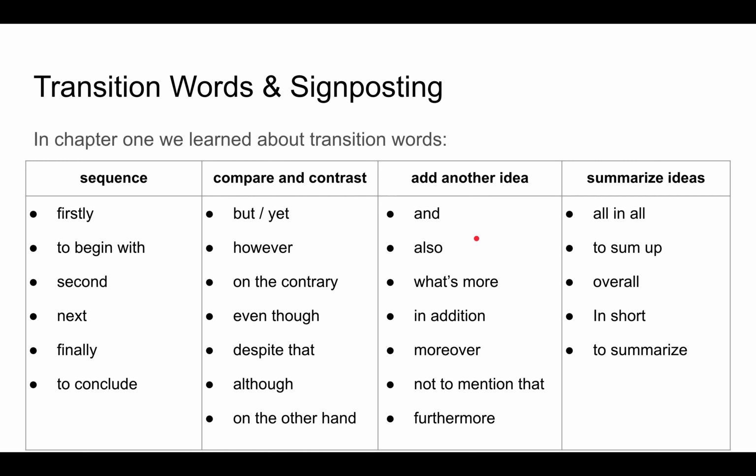And then when we want to end our presentation by summarizing everything that we have talked about, then we would provide different transition words and phrases, such as all in all, to sum up, overall, in short, to summarize.